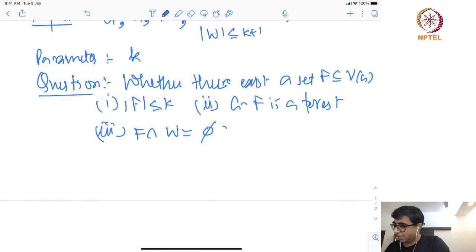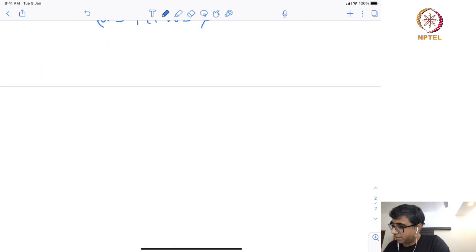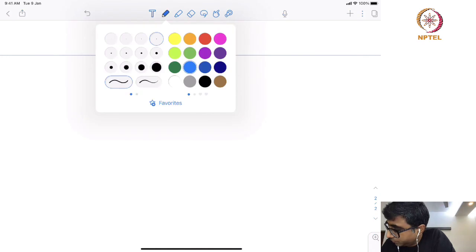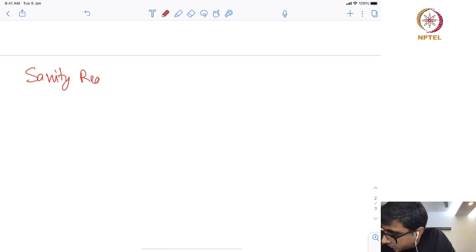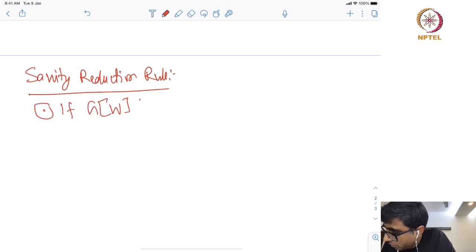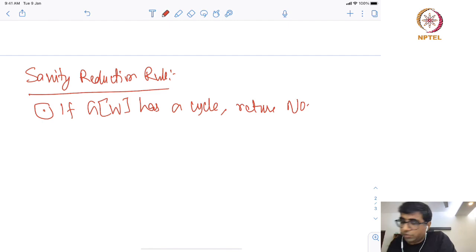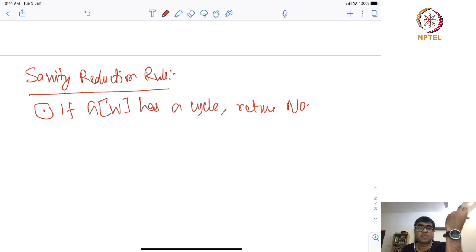As before, let us apply our sanity reduction rule. If the graph induced on W has a cycle, return no. If we are trying to find a set which intersects all the cycles, and the graph induced on W has a cycle, there is absolutely no way we can hit this cycle by a vertex which is not a W vertex.